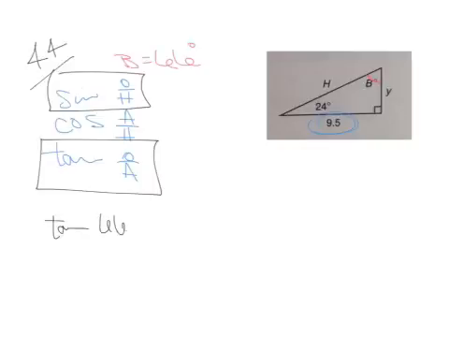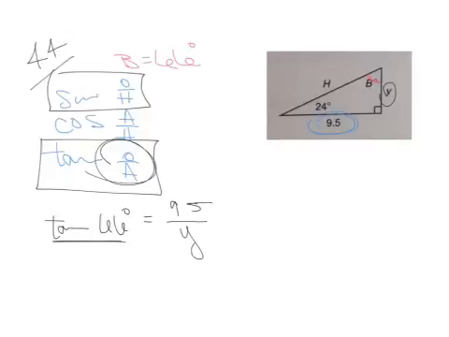Tangent of 66 degrees equals opposite over adjacent. The opposite is 9.5, and the adjacent is y. We don't know that. So you take your calculator and you plug in the tangent of 66 degrees, and then you solve for y. The tangent of 66 degrees is 2.2460.